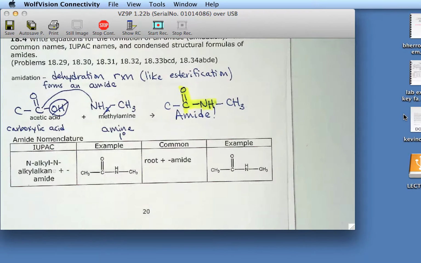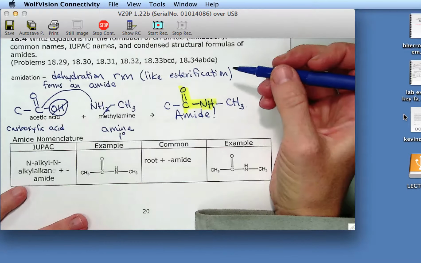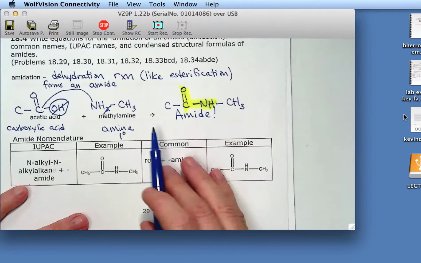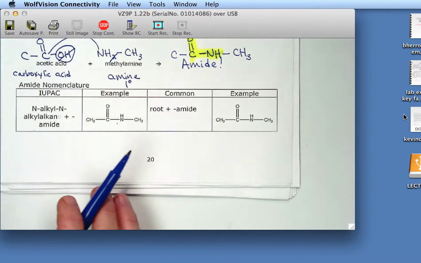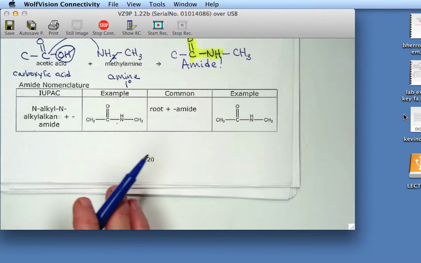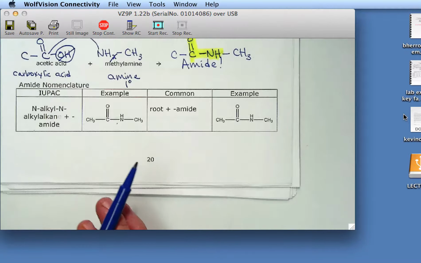Now we've learned how amides are formed, and now we're going to learn how to name them. It's a little bit of ester nomenclature and a little bit of amine nomenclature put together. This is the same amide here. There are two ways to name amides, just like everything we've seen. Just pick one.